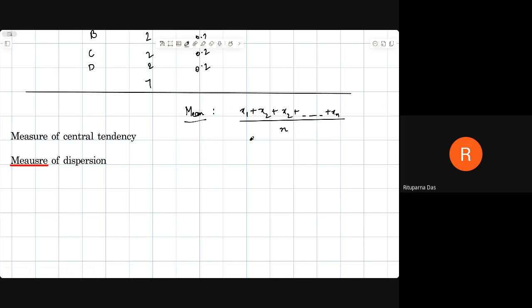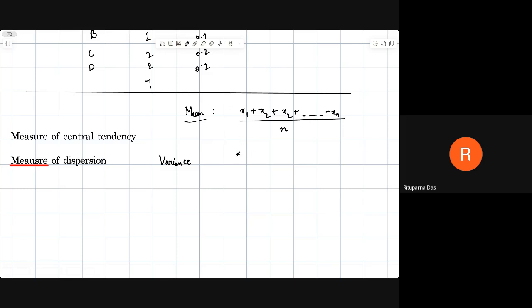We have done mean, and we'll do variance because variance is also important for probability. Variance is basically the deviation from the measure of central value.